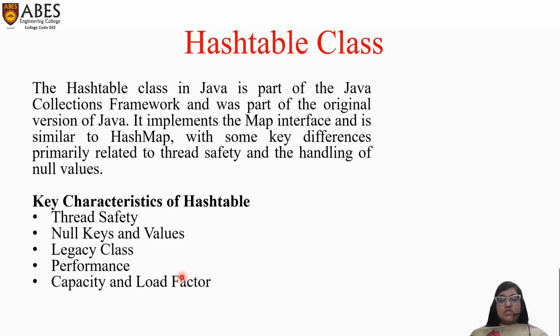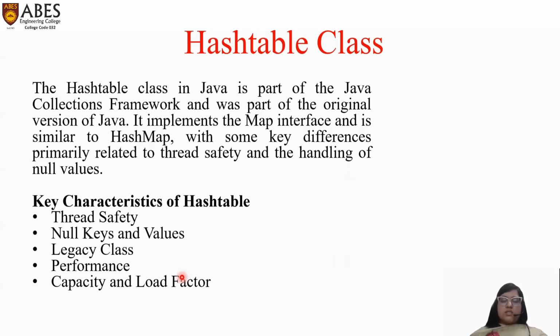The default initial capacity of the Hashtable is 11 and the default load factor is 0.75. The load factor represents the maximum ratio of entries to buckets before resizing. So here, initial capacity is 11 and default load factor is 0.75.